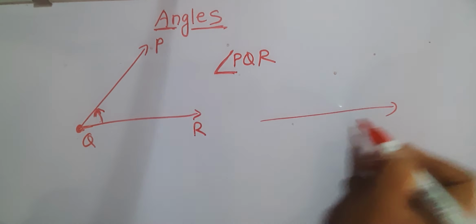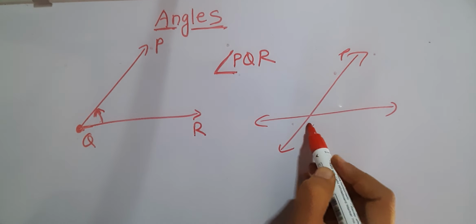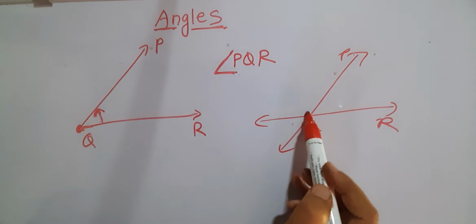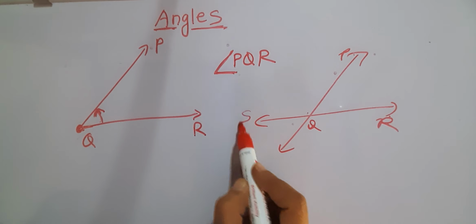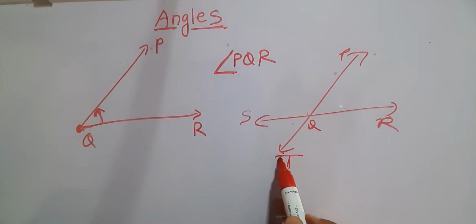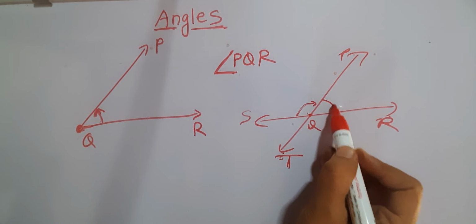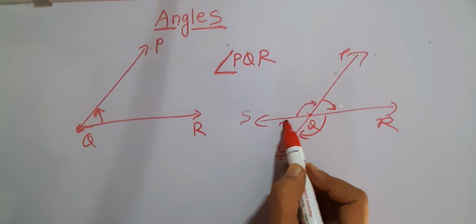If this is one segment and this is another, then in this case also we have PQR as an angle. Here SQT is also another angle. Similarly, RQT and SQP are all angles because they are meeting at a particular point, forming an angle.